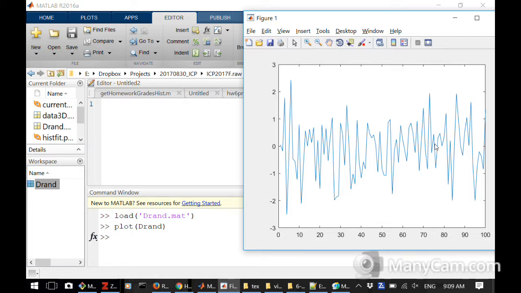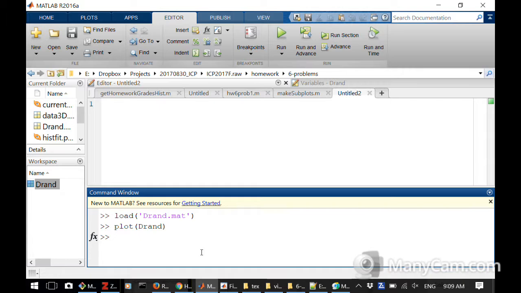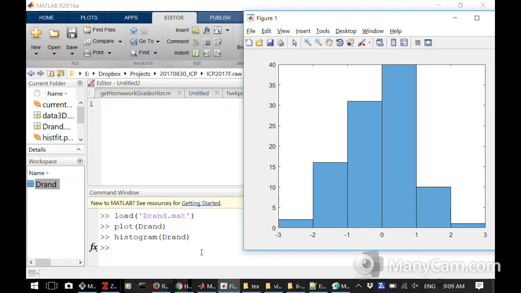And a more useful plot of it is a histogram. So if I say histogram drand, then you get a histogram plot of it. Okay. So here's the problem that we're going to solve. If you look at this shape that we have here, what shape does this look like to you?